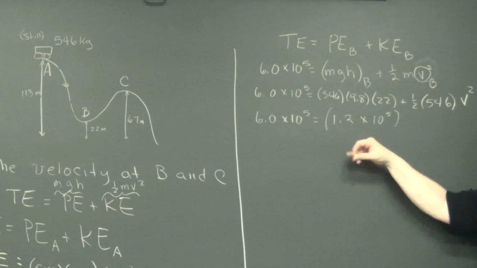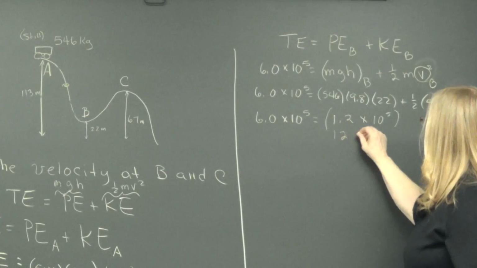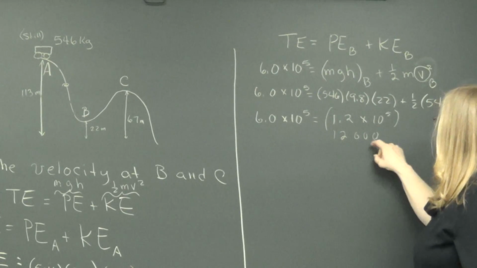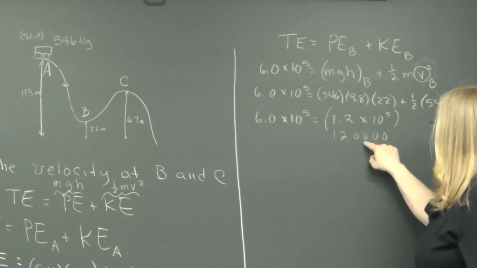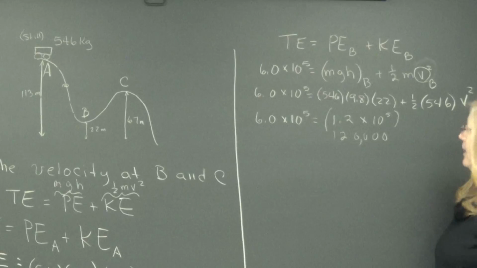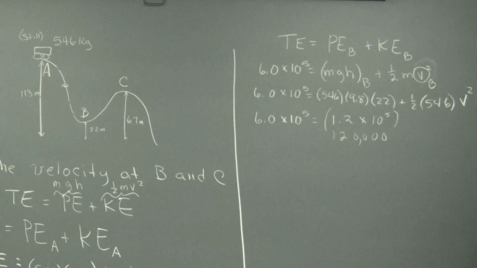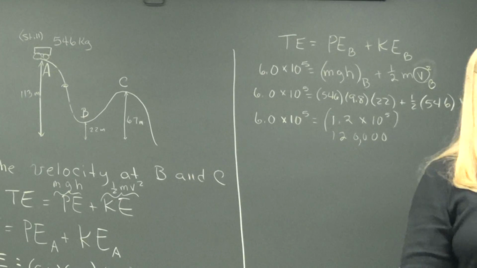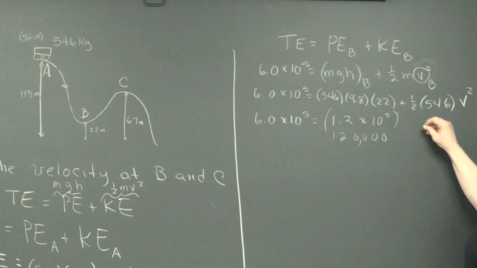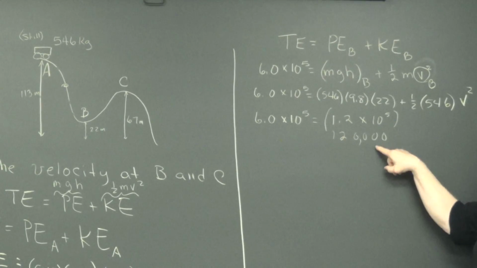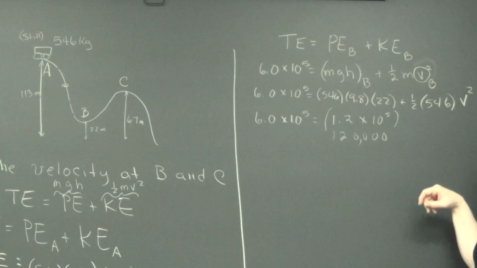You can write it as 120,000 as well. Are you okay, Zach, with that? Okay. Yeah, step by step. All right, so now you can write it in scientific notation or this. Both of those indicate two sig figs.